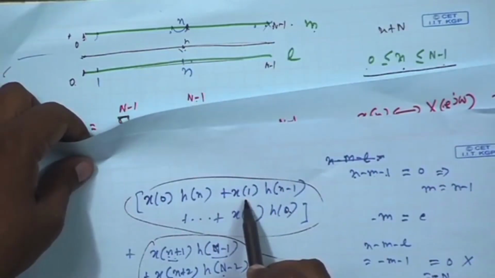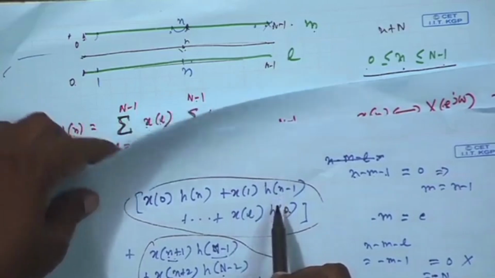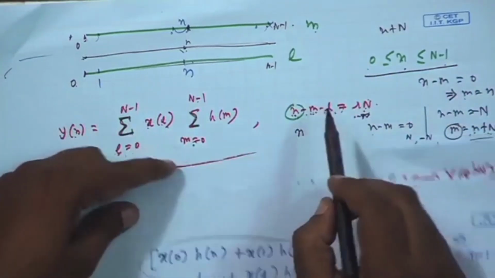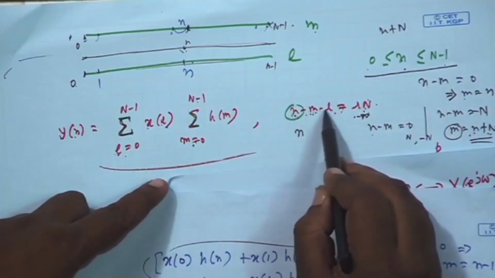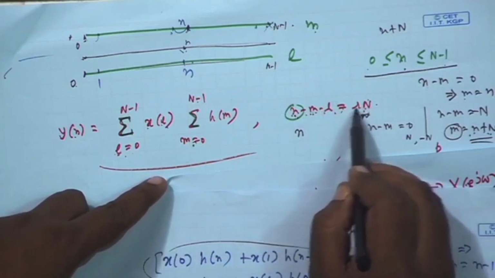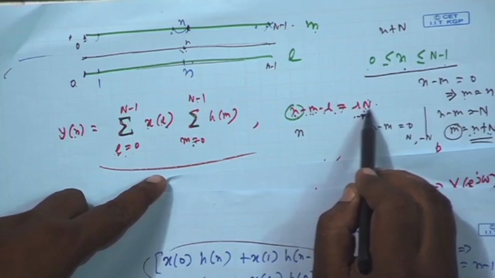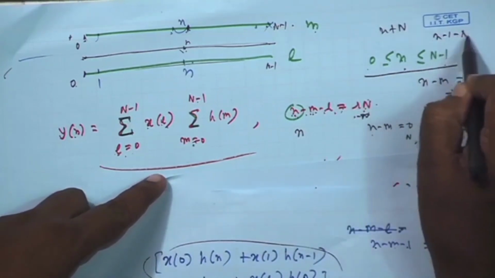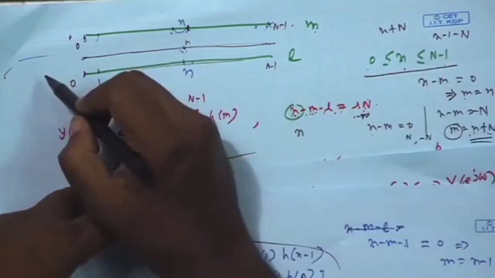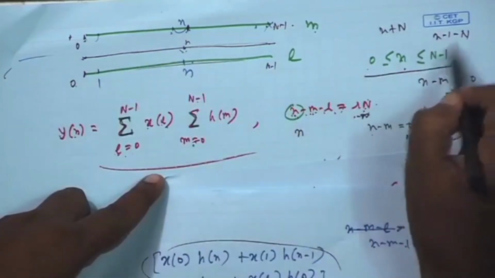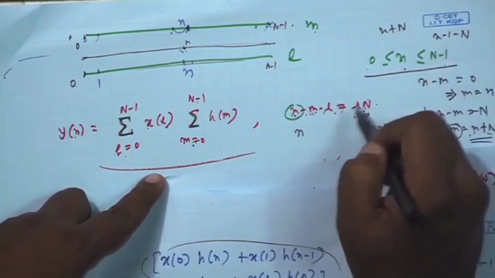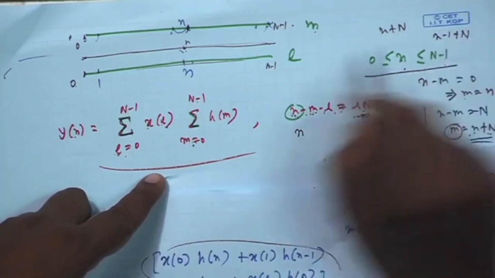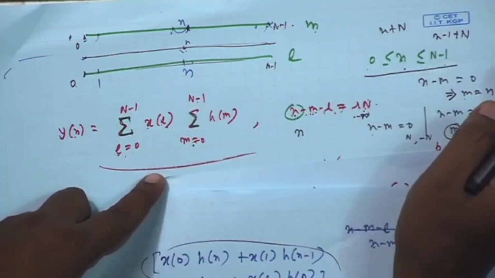So, x 1 h n minus 1, okay, because if L is 1, n minus m minus 1, if you take it to be 0, m is n minus 1. If you take this to be capital N, m will be n minus 1 minus capital N, which is further outside the range. Okay. So, this if you take to be plus capital N or minus capital N, again it will be further outside the range.